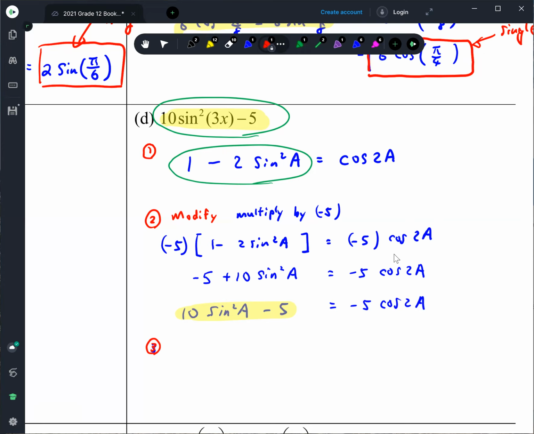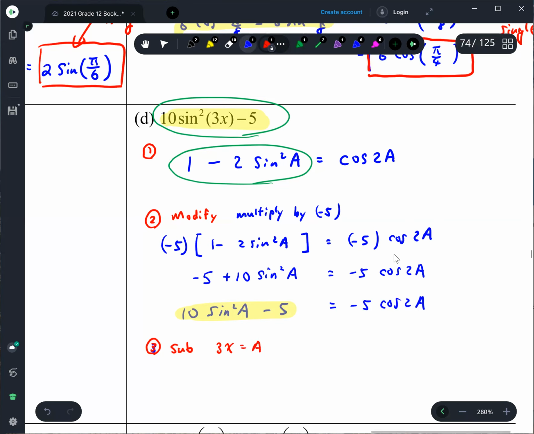Okay, so what's the value for A then? Claire, what's the value for A? 3x. Yeah, 3x. Okay, so this time is not a number. Okay, it's just an expression. So sub 3x into A. Okay, so we'll have 10 sine square 3x minus 5 equals -5 cosine.